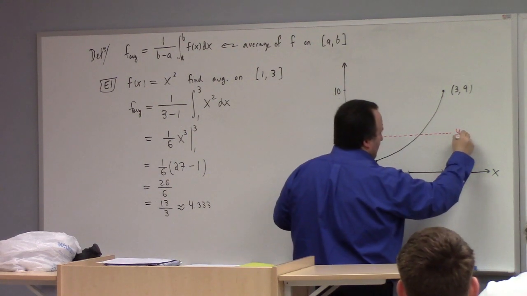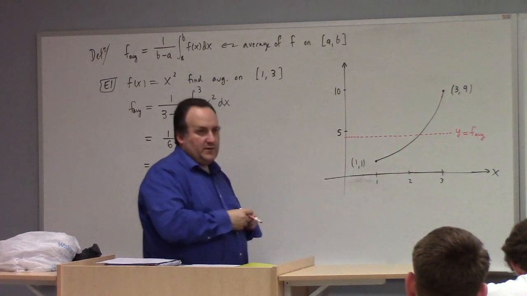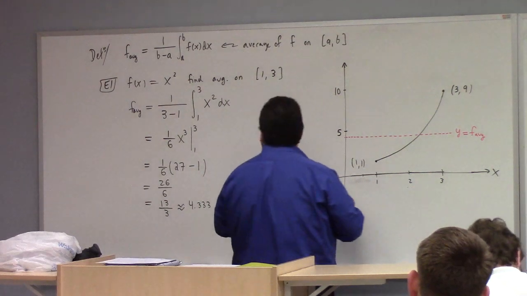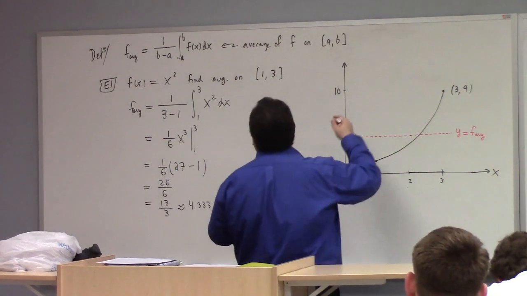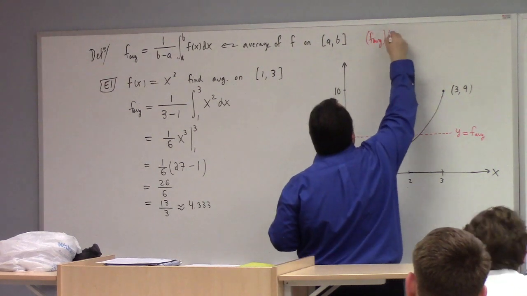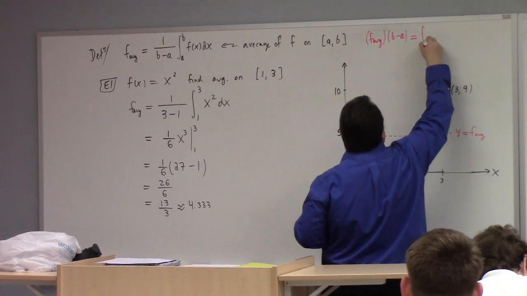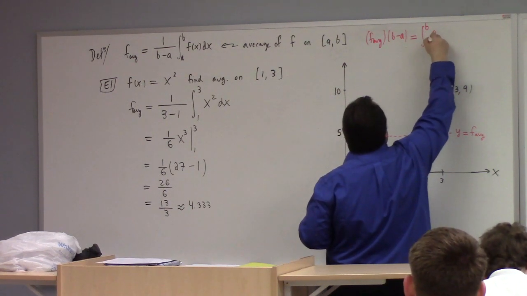So there's y equals f average, right? If you think about this, you'd have f average times b minus a is equal to the integral from a to b of f of x dx.